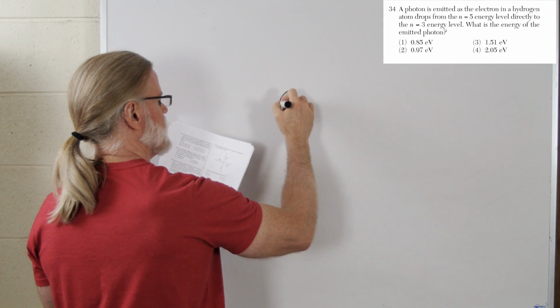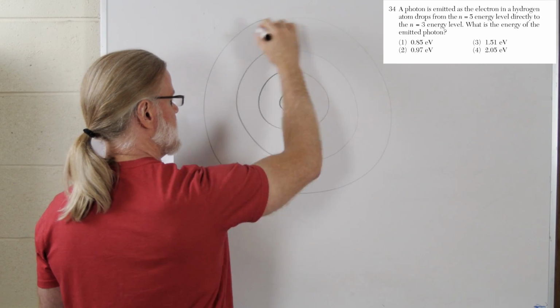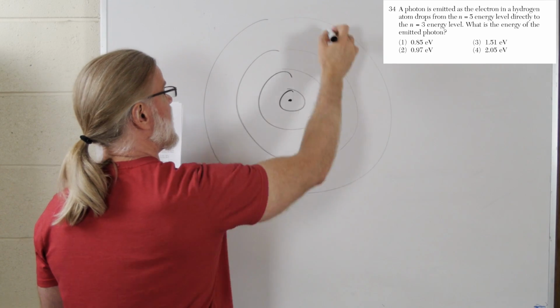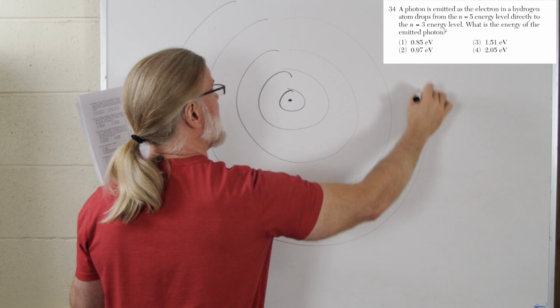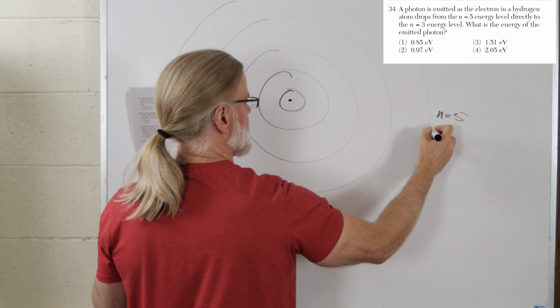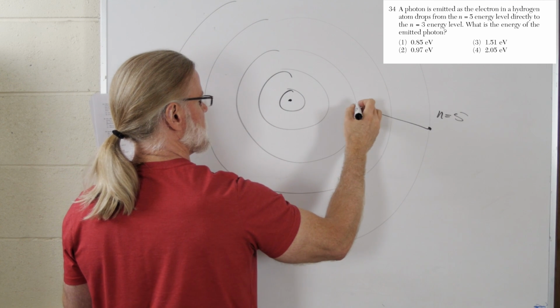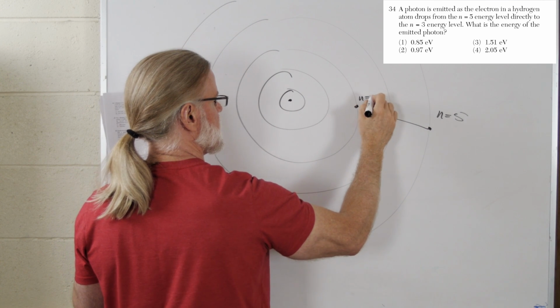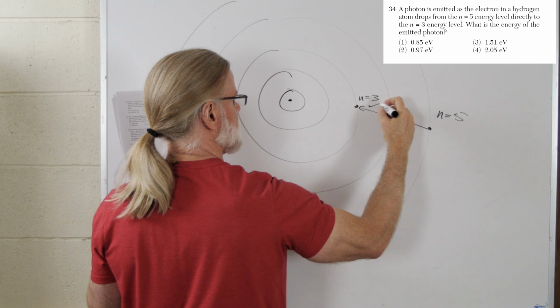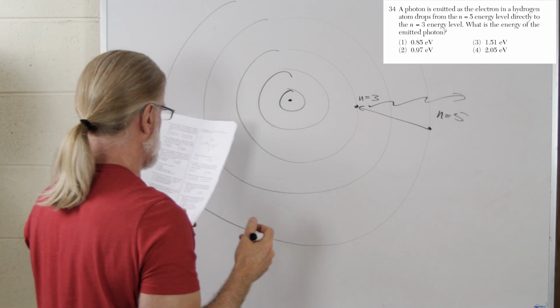All right. So we had these orbitals, 3 to 5. 1, 2, 3, 4, 5. Okay, so it was at 5 and drops down to 3. Zoink. Goes down to 3. When it does, it gives off a photon, and they want to know the energy of the photon.